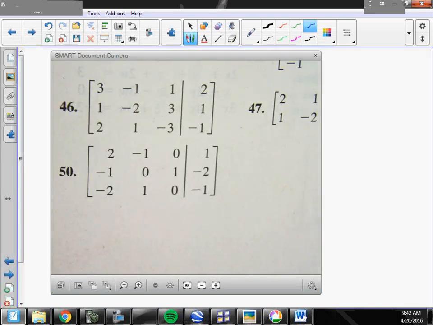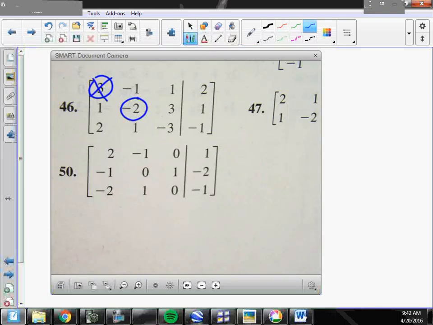What's the best way to put a 1 in that place? Switch row 2 and 3. That's what I would do. Now, if we think one step ahead, if I switched 1 and 2, is that going to put a 1 here? It'll put a -1, but remember, we're going to change it because I have to get rid of this 3.